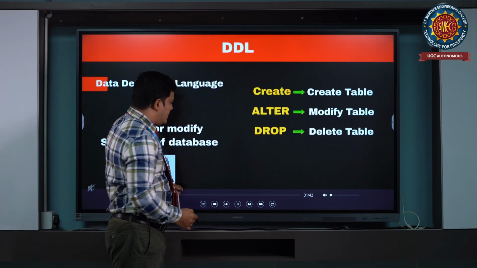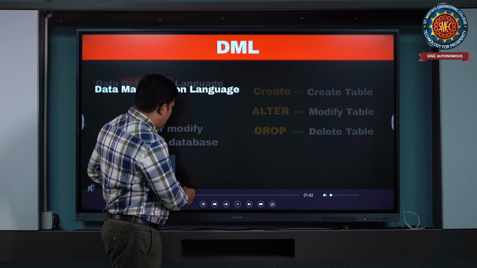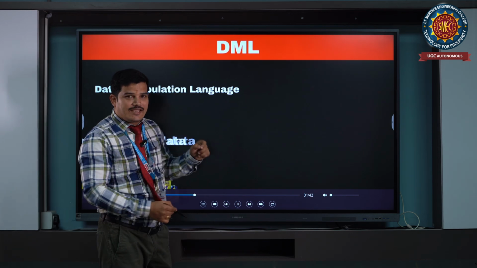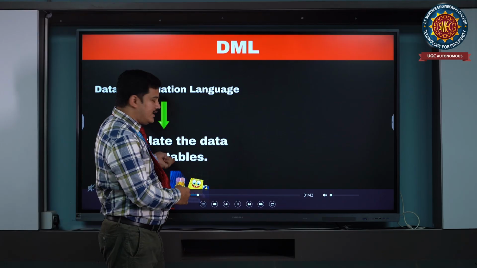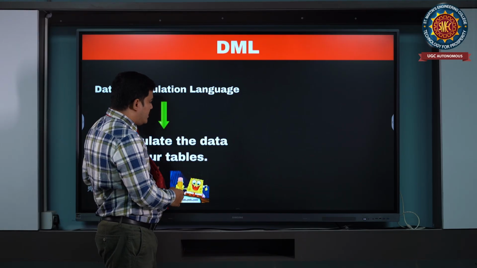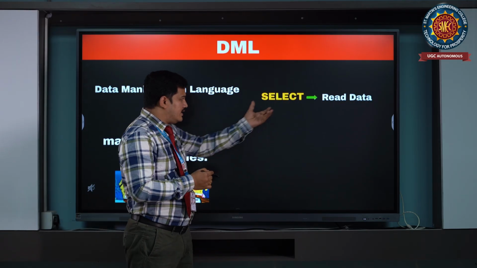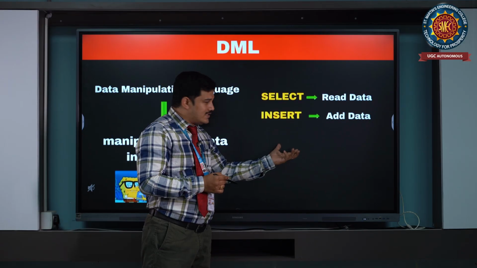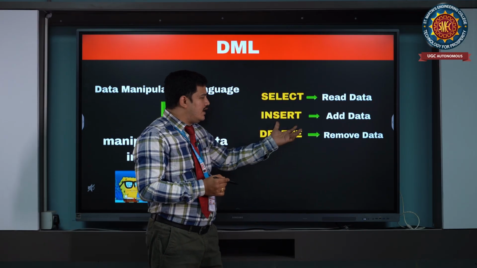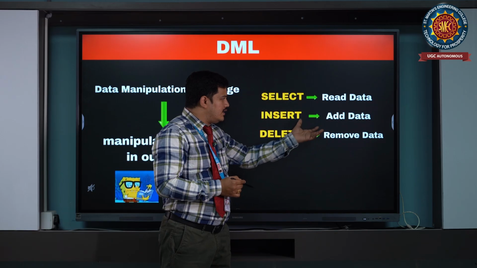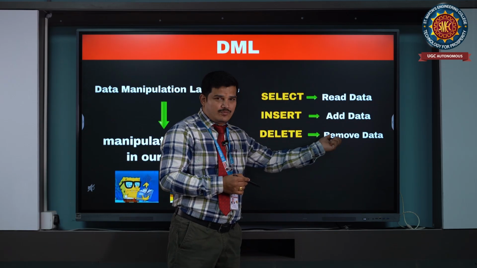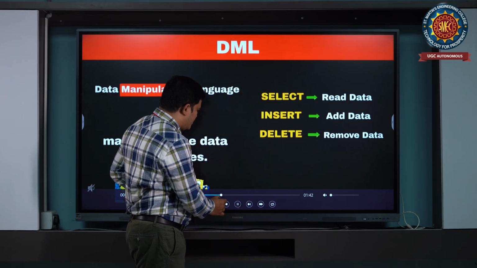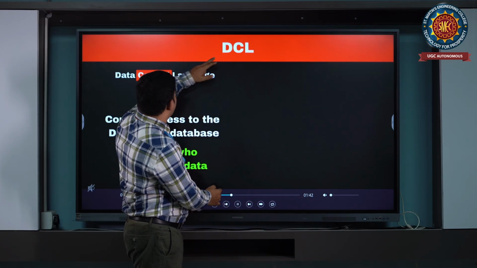Next, you can see data manipulation language, which manipulates the data in our tables, with select, insert, update and delete. So reading data, adding data and removing data is done using these commands.